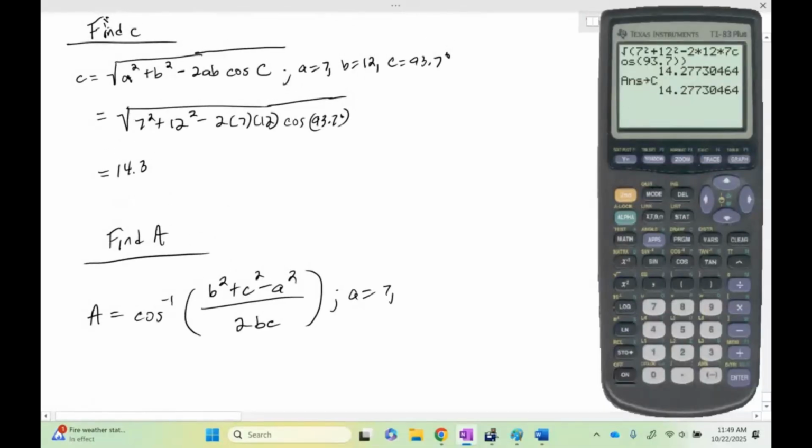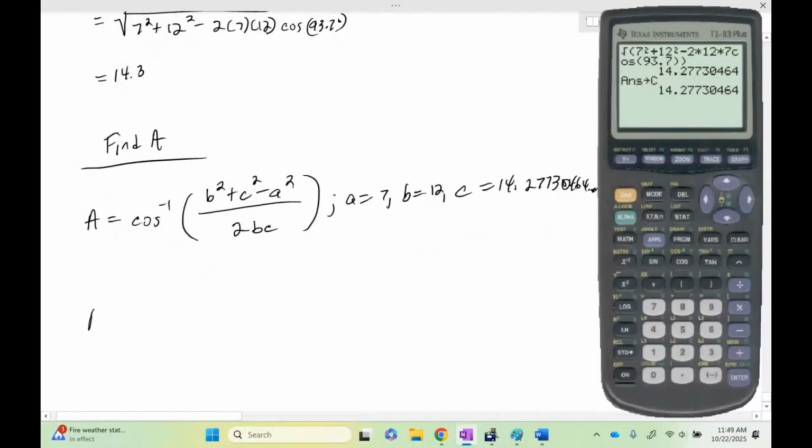We're going to substitute A for 7, B for 12, and we just need A, B, and C. And we just found side C is 14.27730464. I'm going to use the true value. So this is the arc cosine.